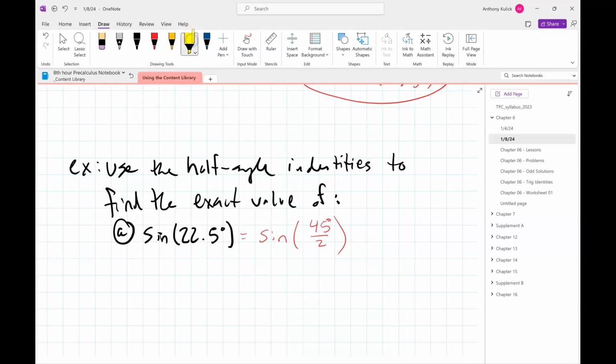So the x that I'm going to be plugging into my half angle formula is going to be the 45, right? So I'm going to look at my half angle identities and see which one I want. That is h1. So plus or minus square root of 1 minus cosine of 45 over 2.